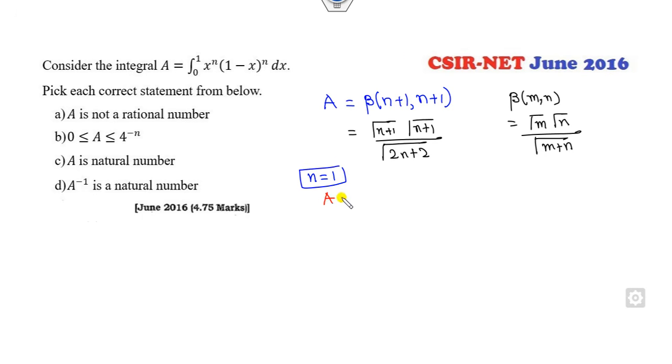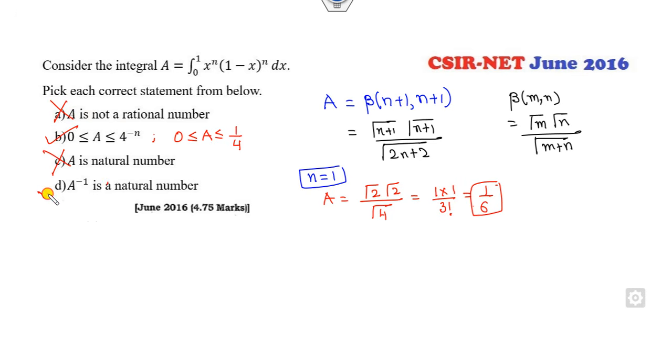What is my a? Gamma of 2, gamma of 2, over gamma of 4. 1, 1, and gamma 4 is 3 factorial, so 1 over 6. So a is not a rational number, cancel out. I choose n as 1, so this expression becomes 1 over 4. 1 over 6 lies between them, satisfied. A is a natural number, wrong option. A inverse is a natural number, correct option. B and D are the right answers.